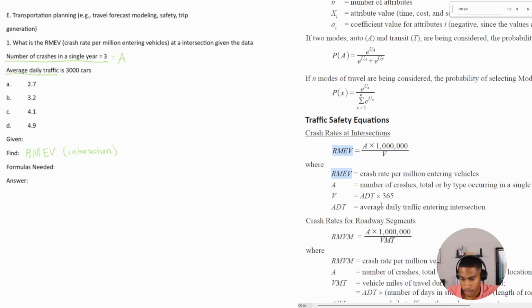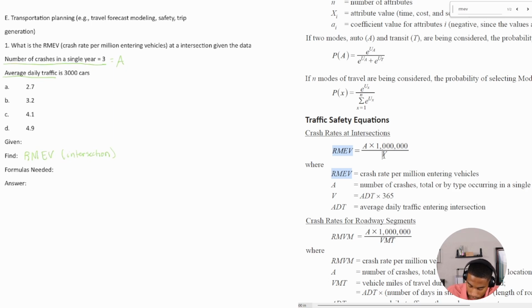All right, so what is V? V is equal to ADT times 365. Do we have ADT? Because I don't know what V is, so I don't have V, but do we have ADT?